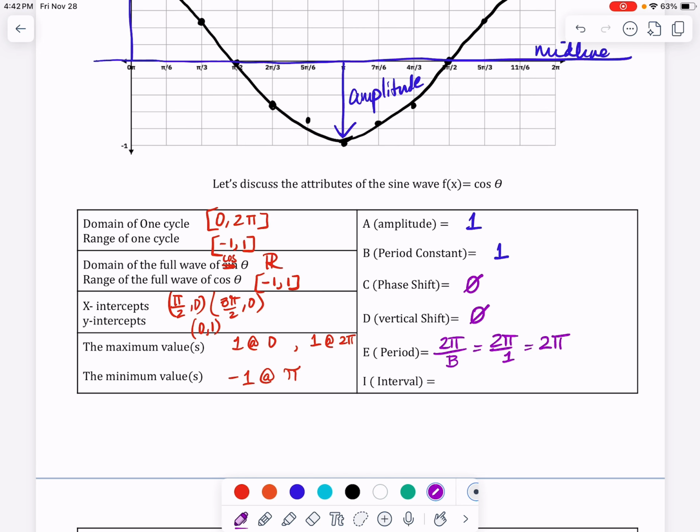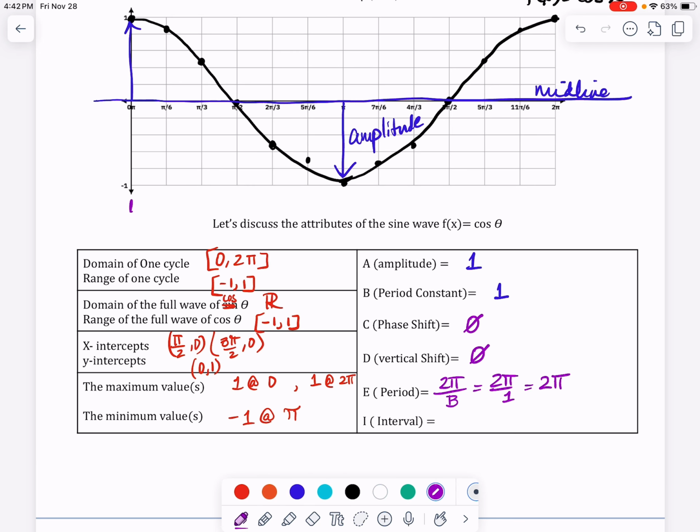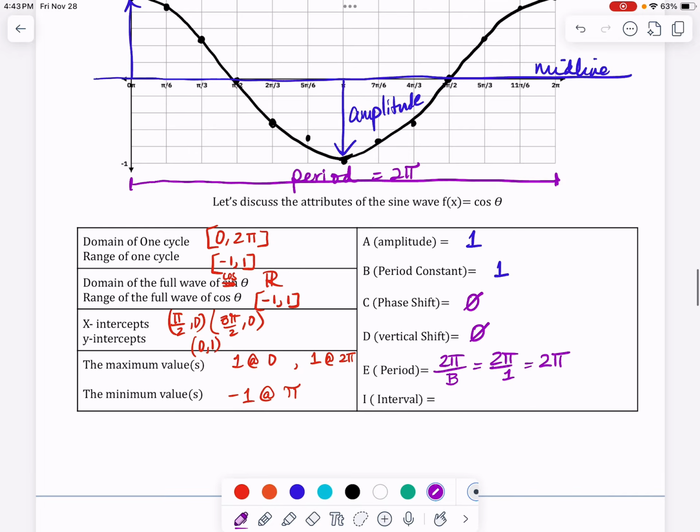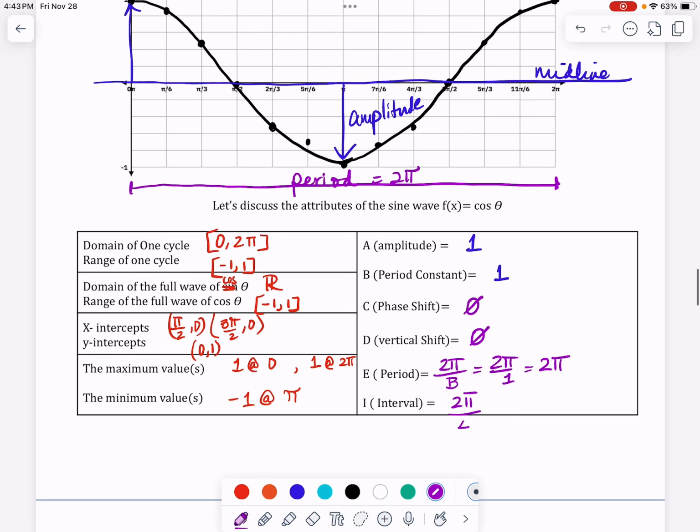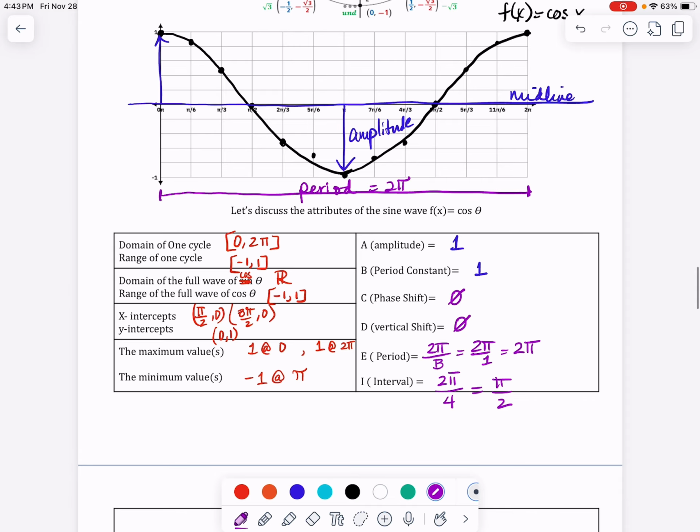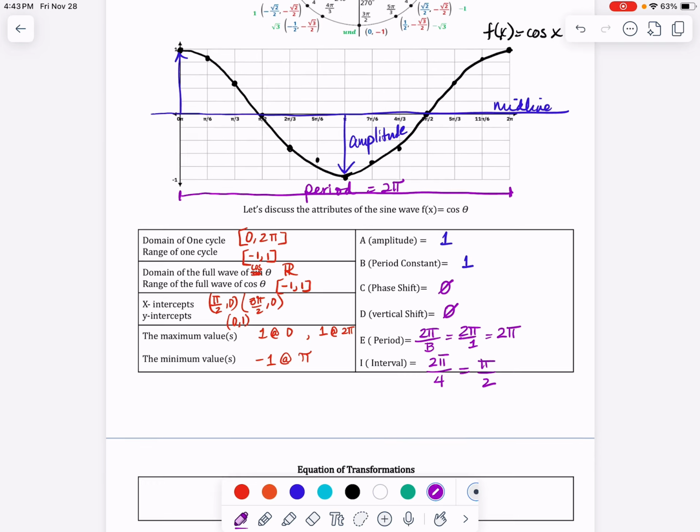The period stays as 2 pi, which is the same as sine. The time it takes to complete one cycle is referred to as the period. So 2 pi also. For the interval, like I said, we take the period and split it into 4 parts, referring to each quadrant. We will put this to use when we sketch transformations.